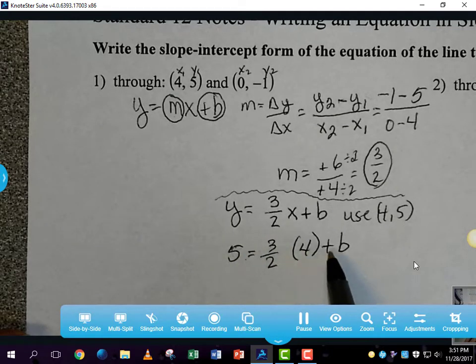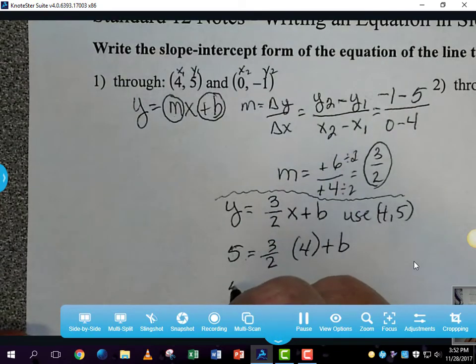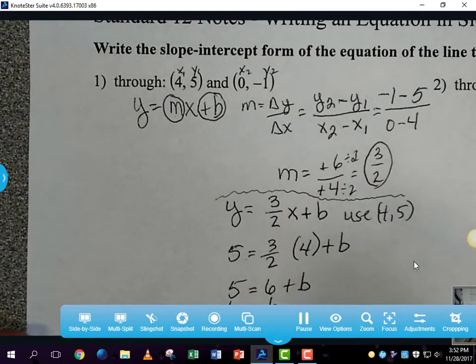So what we need to do is figure out the value for b so that when we use 4 comma 5, these two sides will come out to being equivalent. We find out what value of b will make that happen. So 3/2 times 4 is 6. Then I subtract 6 from both sides and I get b equals negative 1.